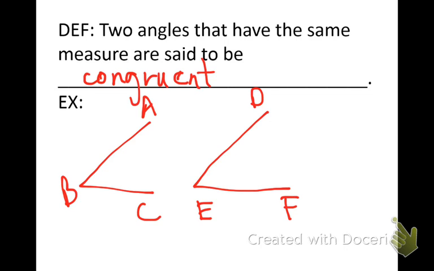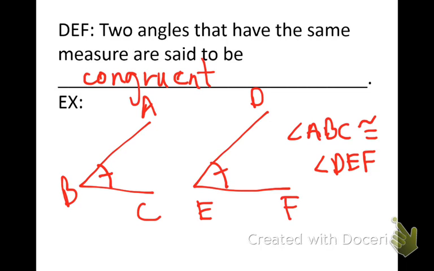To show those angles are congruent, I would put an arc through each with one tick mark on each one, or the same number of tick marks. They could both have two tick marks or whatever. As long as they have the same number of tick marks, then we can say they are congruent. So we would write angle ABC is congruent to angle DEF.